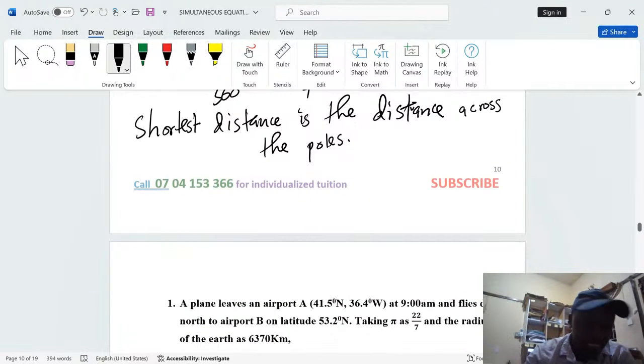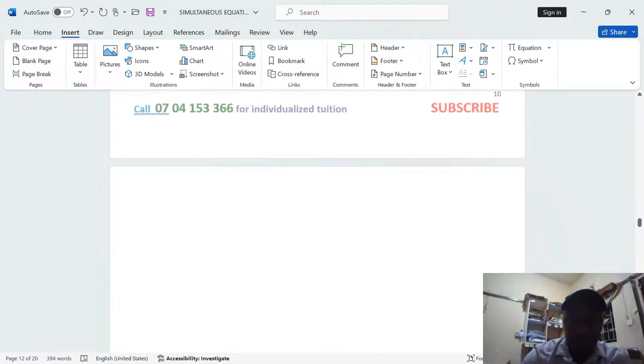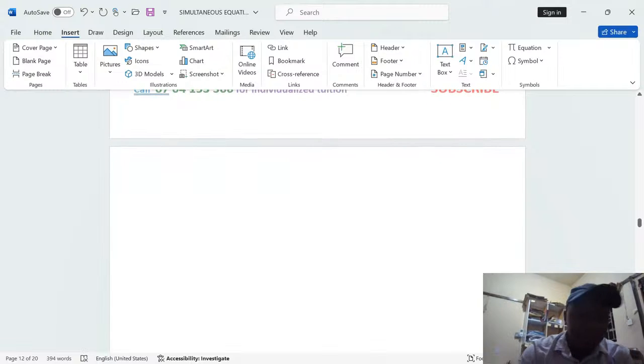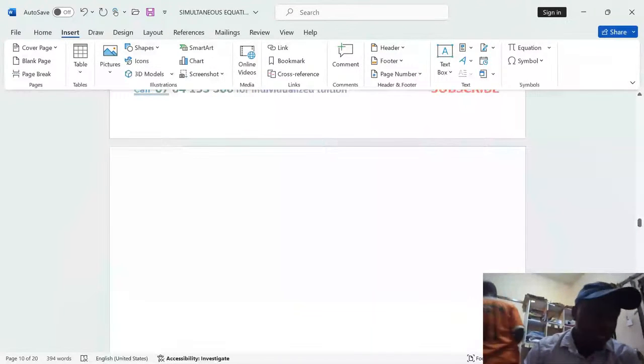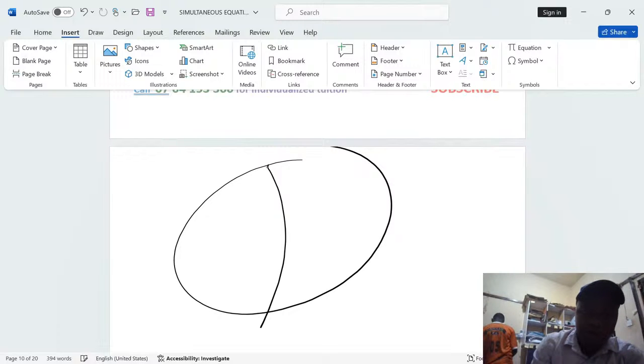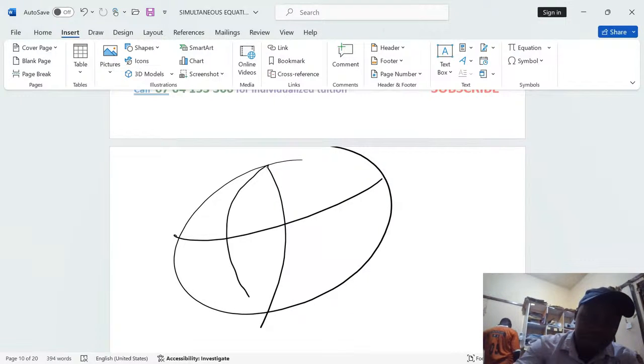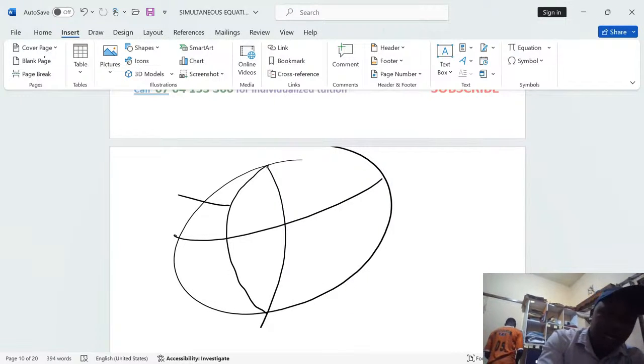So before we look at examples, allow me to emphasize something. In case we are talking about places on supplementary longitudes, let's say this is the globe. We have the prime meridian. We have the equator. Then we have a place here. This is a place, let's say it is on 50 degrees in the west.